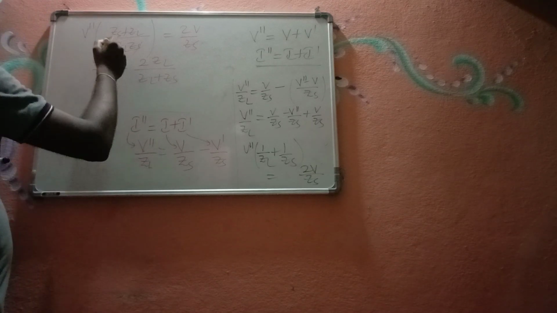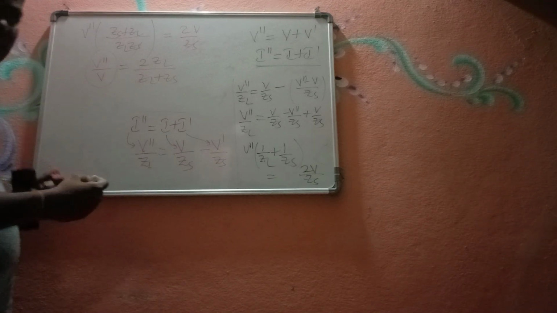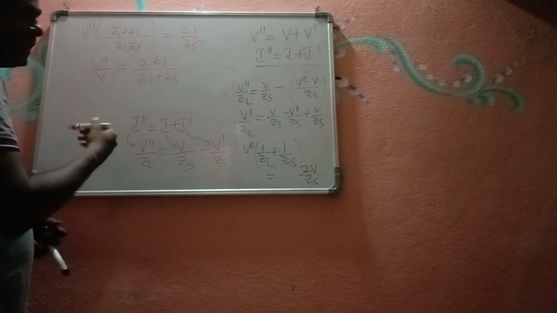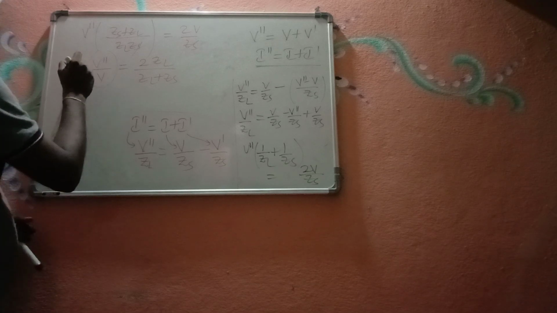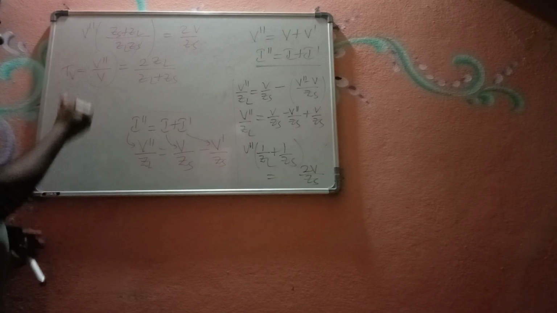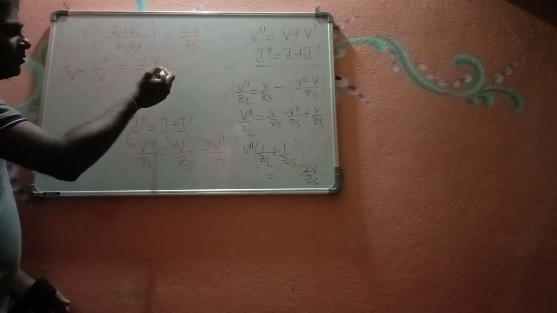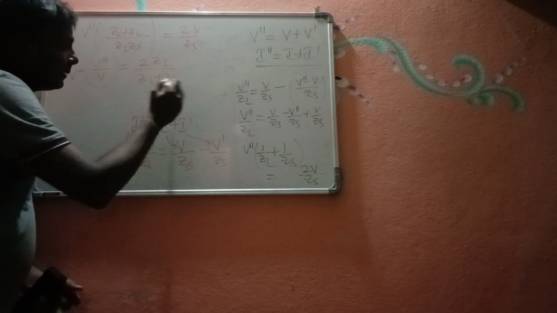So what is V double dash by V? We already gave the definition of V double dash by V. It is the transmission coefficient for voltage, which is TV. So TV is equal to V double dash by V is equal to 2 ZL by ZL plus ZS.